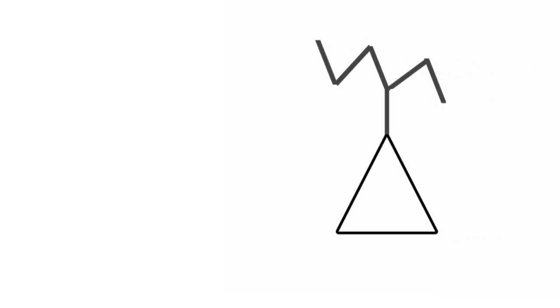Now let's look at this. Here we have a 3 carbon ring. Attached to this ring is a continuous chain consisting of 1, 2, 3, 4, 5, 6, 6 carbon atoms. In this case, the alkyl has more carbon atoms than the ring.